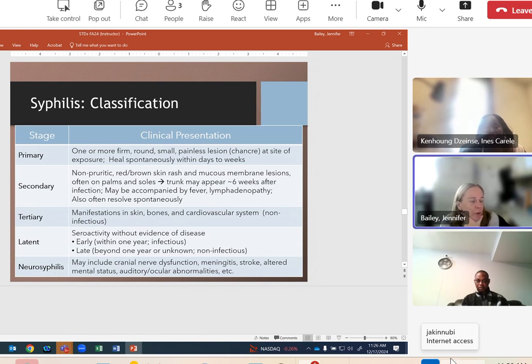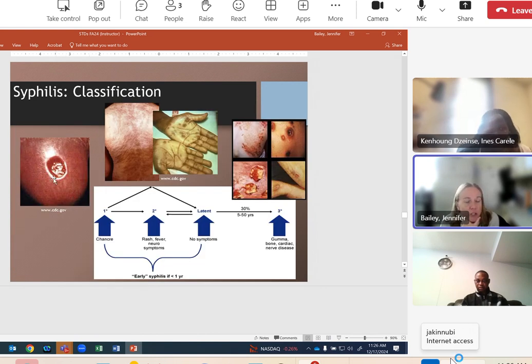So if you remember, the first stage is usually one or a couple of genital lesions. Secondary syphilis is usually rashes on different areas of the body, not single lesions, but just rashes or changes in pigmentation on different parts of the body.